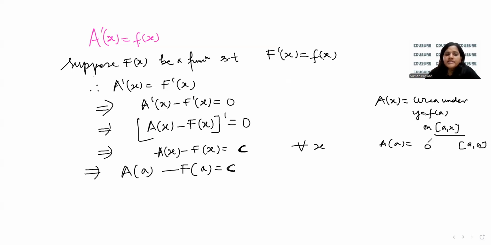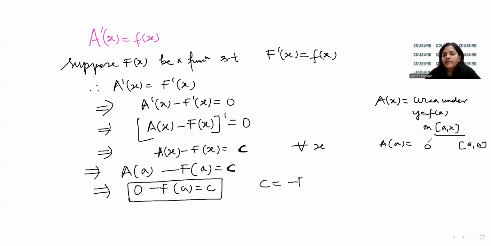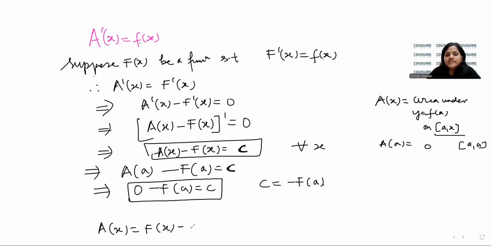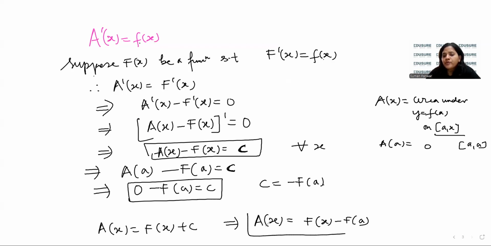So this implies that 0 minus F(a) is equal to c. So therefore, c is equal to minus F(a). Okay. So what we can write from here is that A(x) is equal to F(x) plus c, which implies that A(x) is equal to F(x) minus F(a).